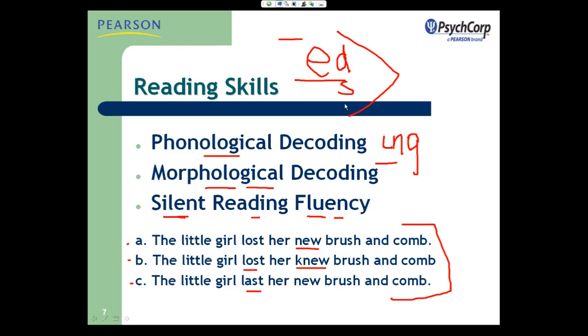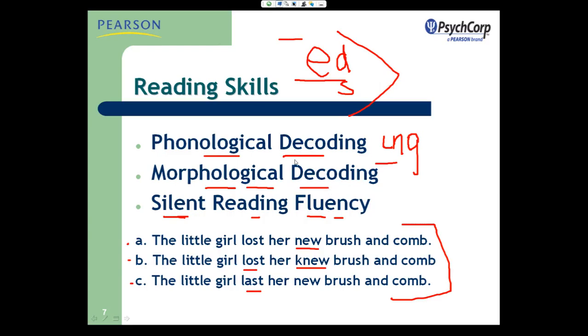And so what we want students to do is to gradually move away from the phoneme component, isolating each individual sound in a word, for example, moving to recognizing word parts and larger word parts, so that they can use syllabication when they come to words that they don't know.